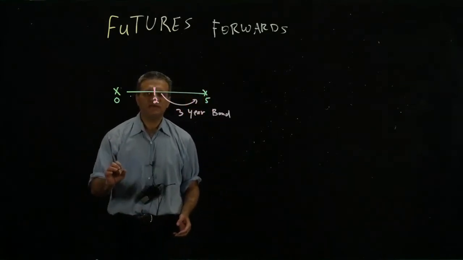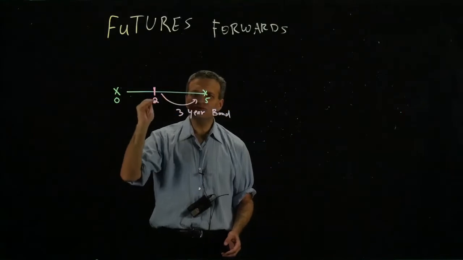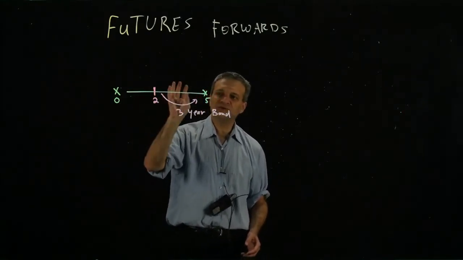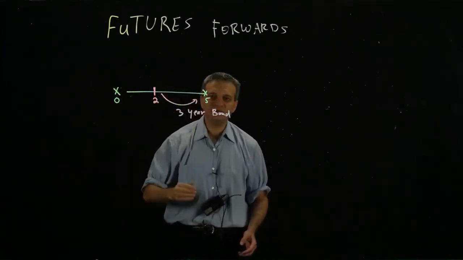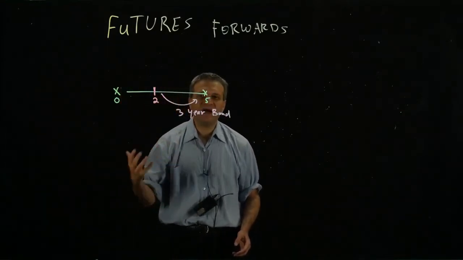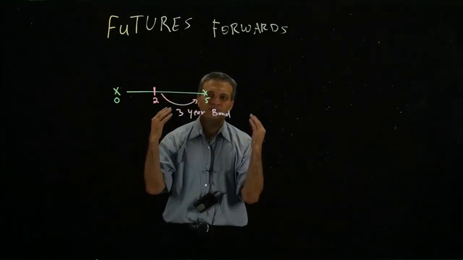So now, if you have something like that, you want to make sure that the price that we'll have in 2 years is a price that will not let you make money either way when you look at this price.